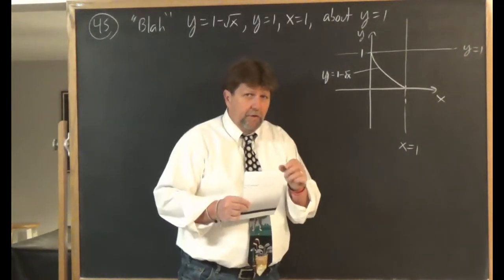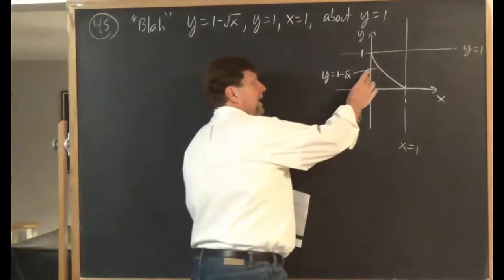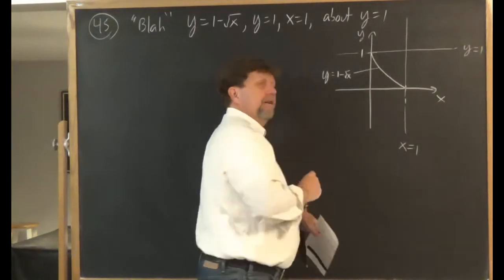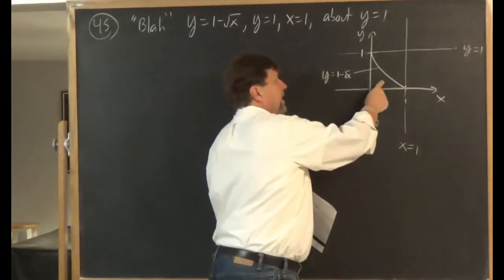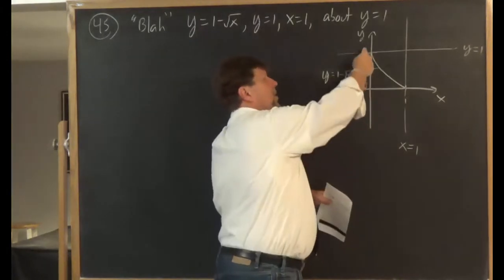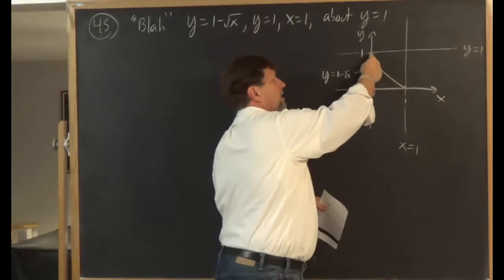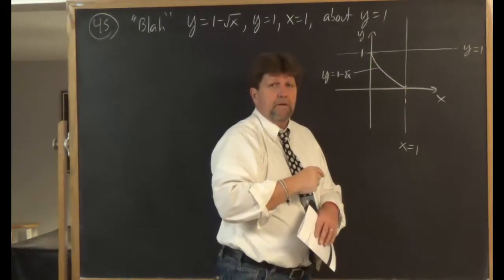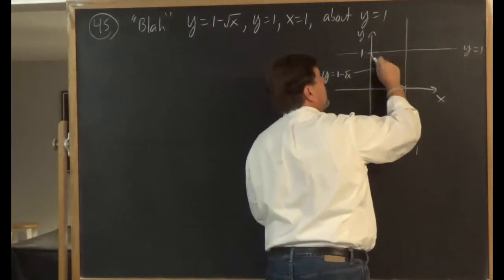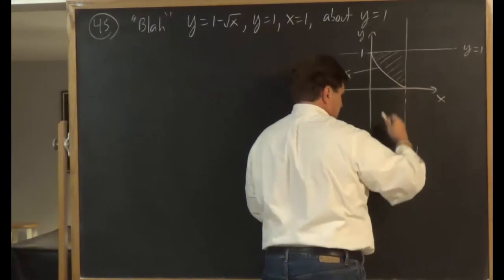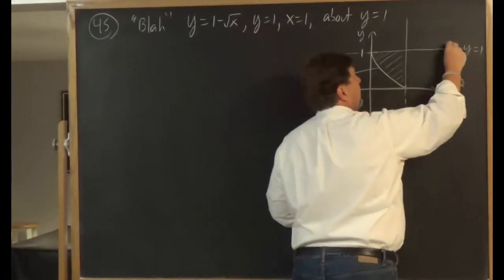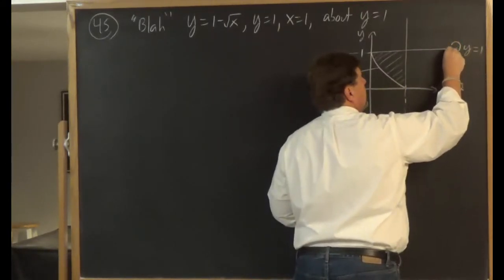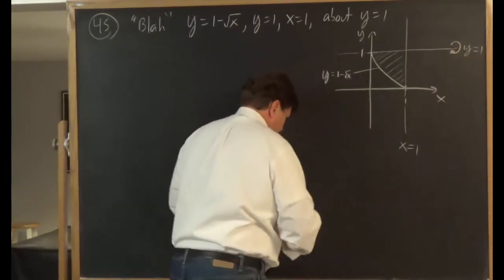And we have to be careful here. It's not this region right here. This region here would be bounded by 1 minus square root x, x equals 0 and y equals 0. The region in question is this region that we're revolving around the line y equals 1.